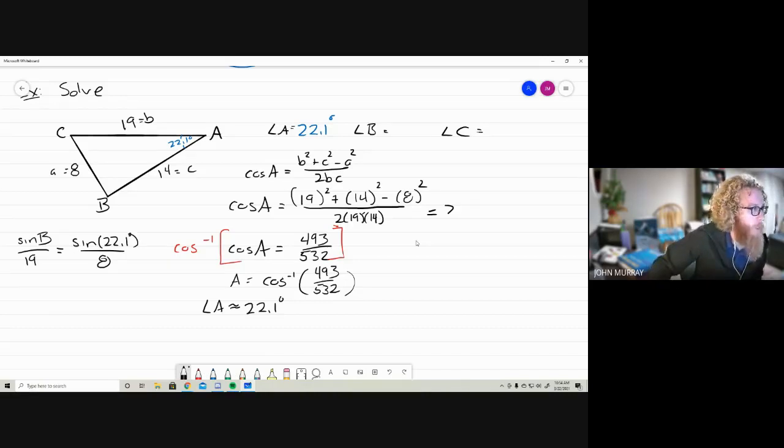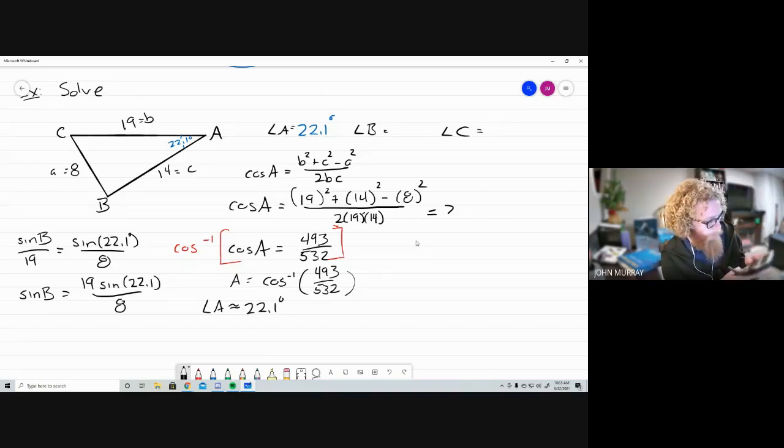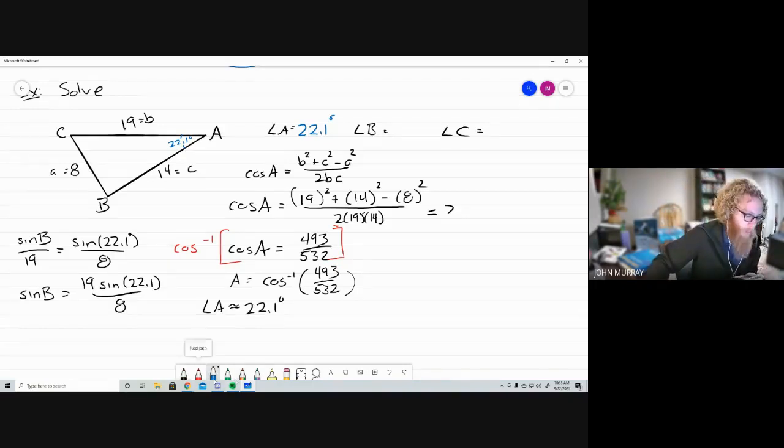So I have the sine of B over 19, and then the other bit of information I have is side A and angle A. So we can plug that in. That's going to get us angle B is approximately 63.3.